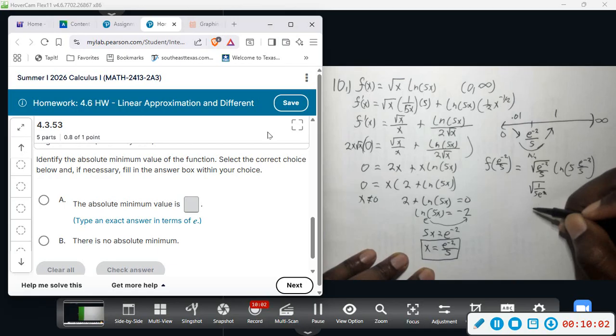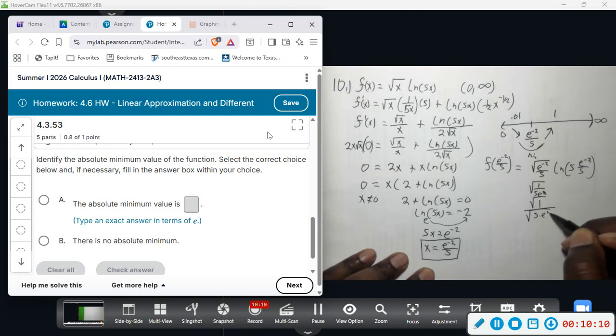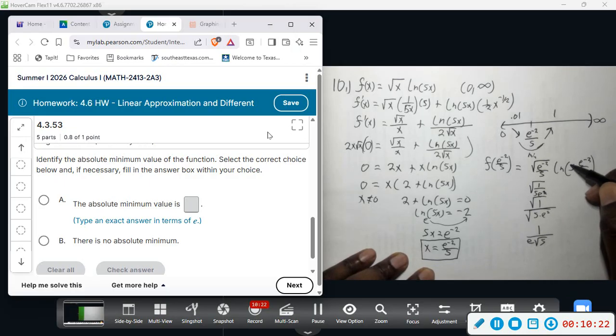And so when you do this part, it's like saying square root of 1 on the top over square root of 5 times e squared. We can take the square root of e squared to just divide this by 2. So with this part, we'll get 1 over square root of 5, and we'll have an e come out. Over here, 5 will cancel out 5, leaving me with ln e to the negative second. Ln has a base of e, so they cancel each other out, leaving me with a negative 2. So we'll multiply this by negative 2, and that gives me negative 2 over e square root of 5.